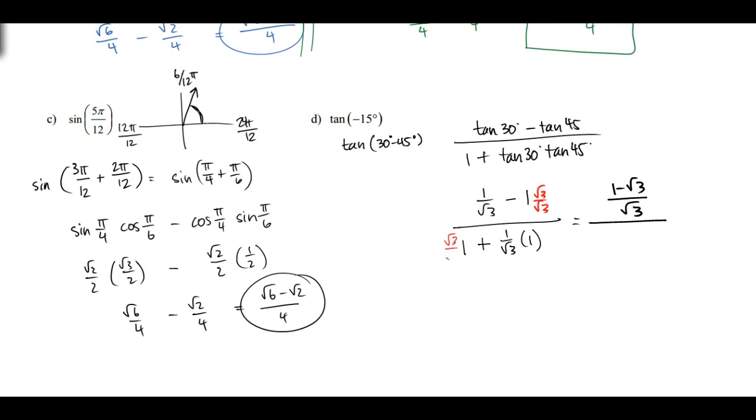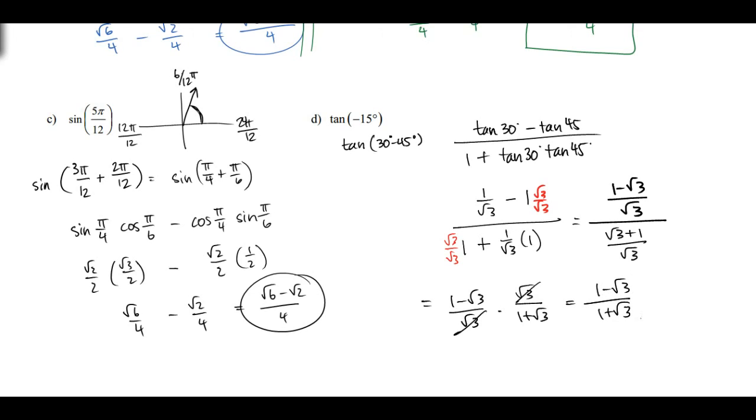We got to give it a root 3 over root 3. And you're like, all right, so that would be root 3 plus 1 all over root 3. And then you're like, then I got to do copy dot flip, right? So 1 minus root 3 over root 3 times, flip it, root 3 over 1 plus root 3. And they cancel. And you're like, yeah, 1 minus root 3 over 1 plus root 3.